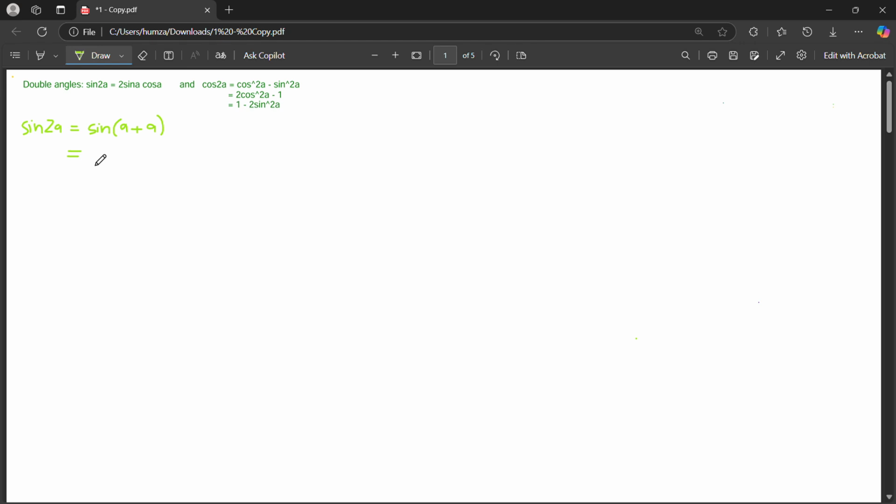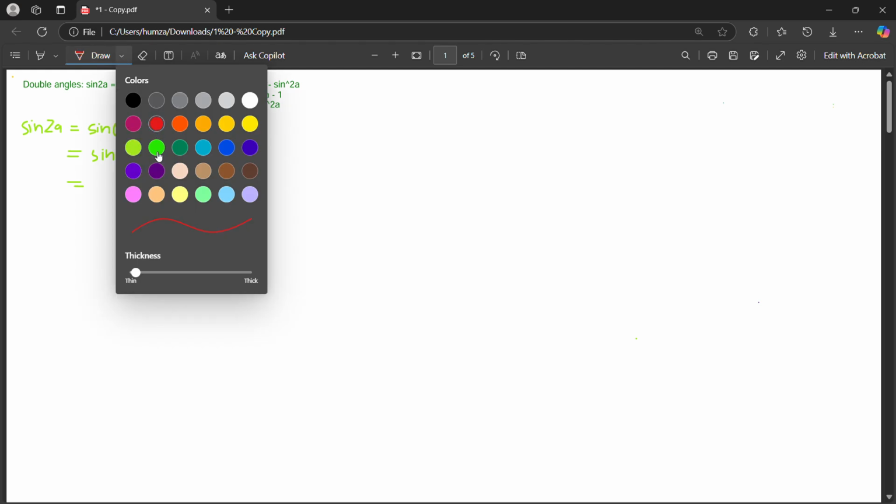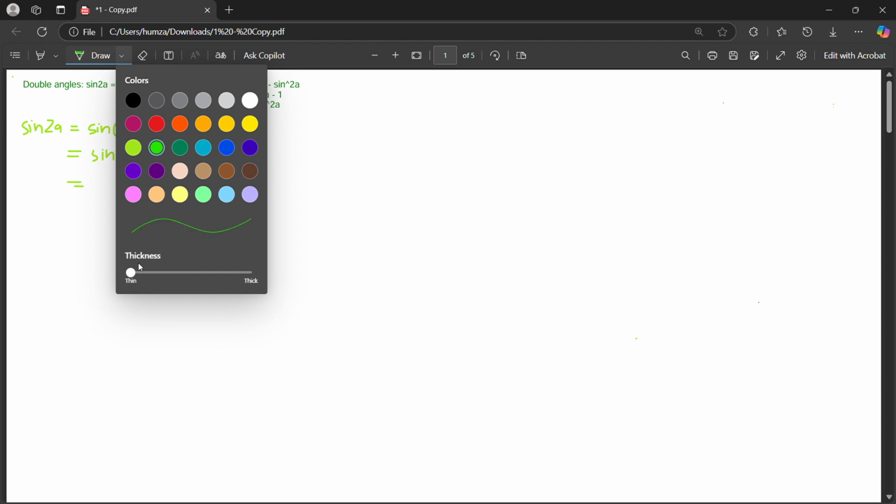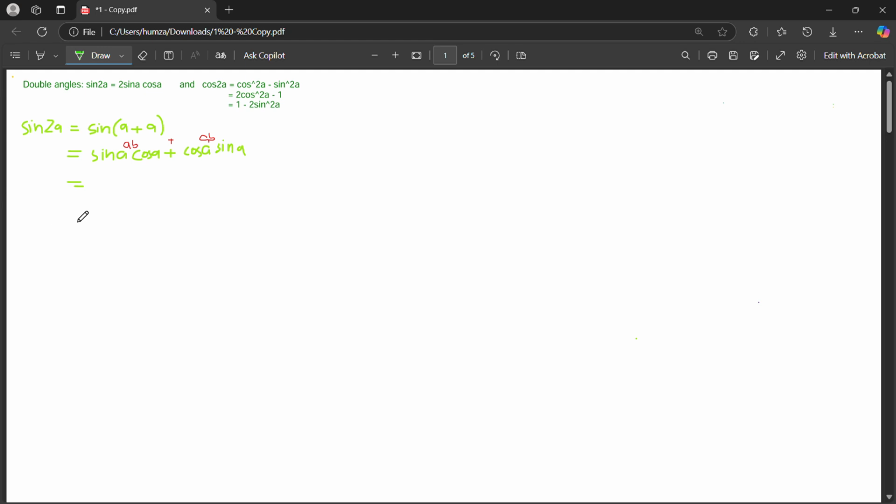We can use the compound angle sin cos cos sin, and we can say sin a cos a plus cos a sin a, and this is equal to, as if you can say that this is just like saying AB plus your AB, and then we can write it as 2 sin a, or alpha, cos a, or alpha, right?